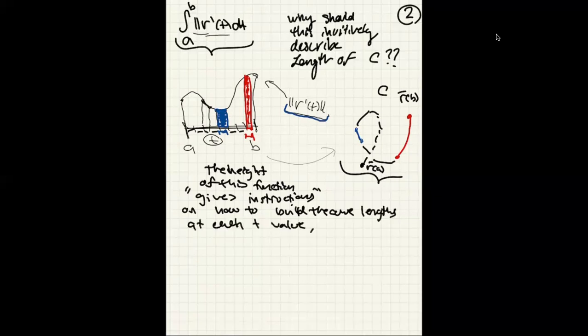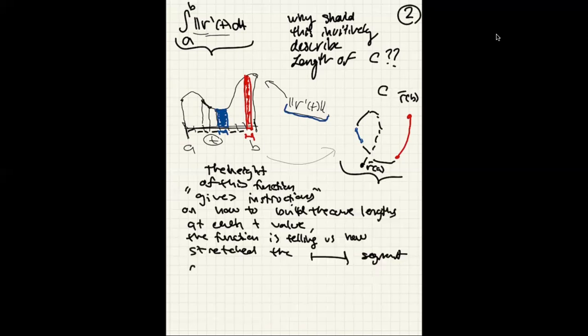Another way to think of it is the function is telling us how stretched the interval from A to B is at each t value. It's telling you geometrically at each point how we stretch that as we move along. Integrating it is going to give us the full length.